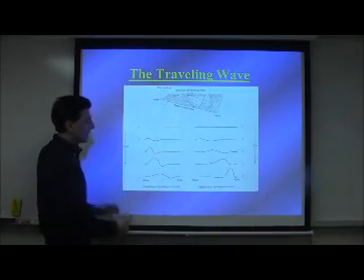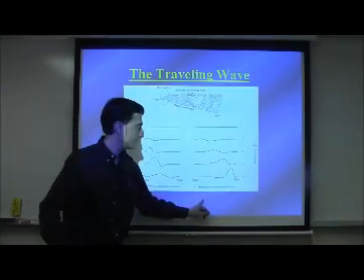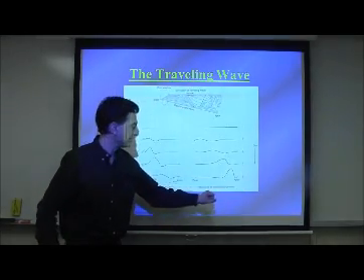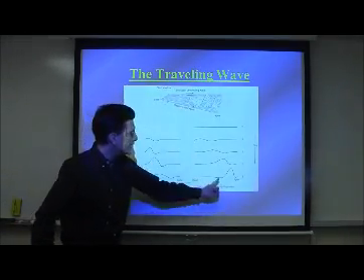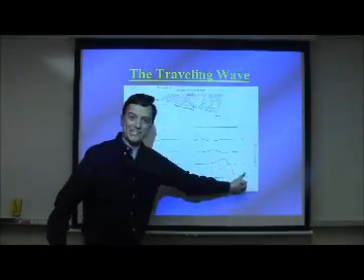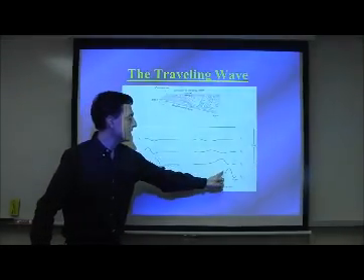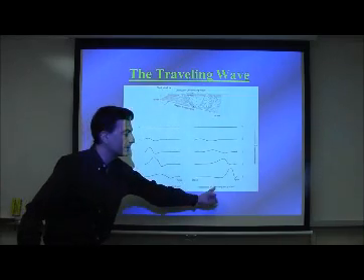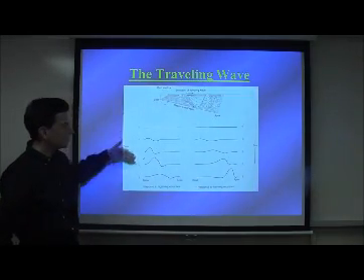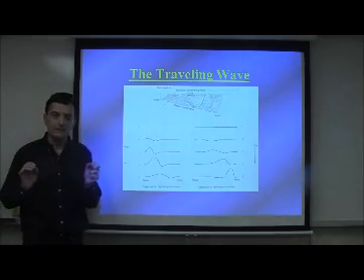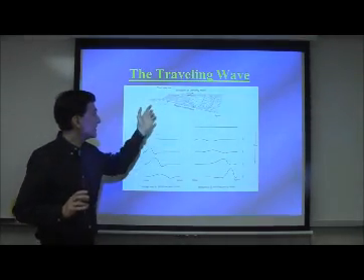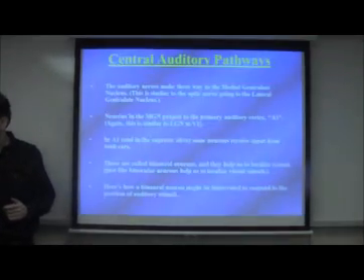And over here we have the response at the basilar membrane to a lower frequency tone. Here you can see that for the lower frequency, here's the base and here's the apex. We're getting maximal displacement closer to the apex than we are to the base. So low frequency versus high frequency changes in time as we go down. I think this is a very helpful picture in understanding this moderately complicated structure that is the basilar membrane.